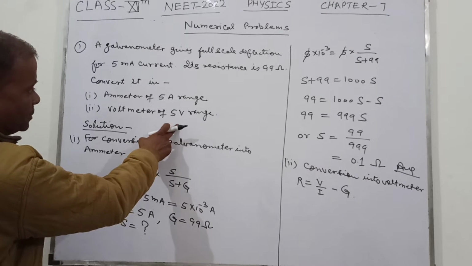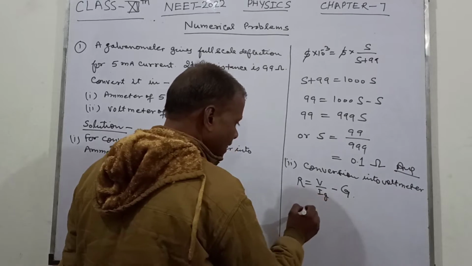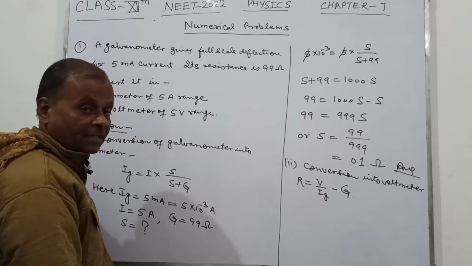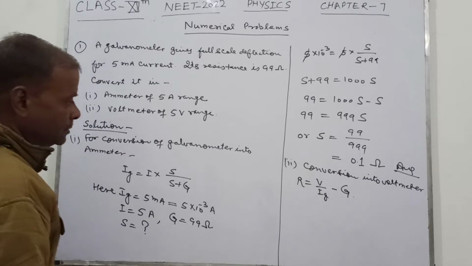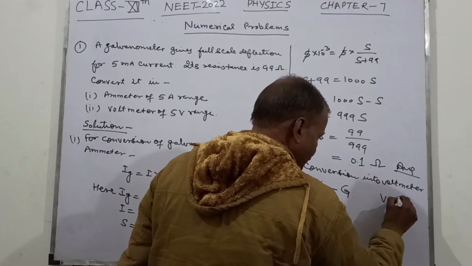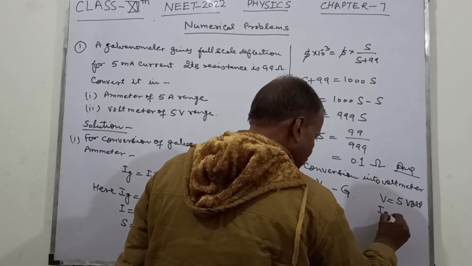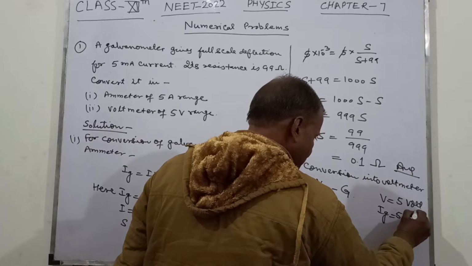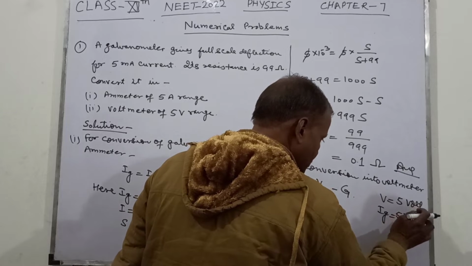This I is not the ammeter current, it is Ig, the current in the galvanometer, given here as 5 milliampere. So V equal to 5 volt, Ig equal to 5 into 10 raised to the power minus 3 ampere.